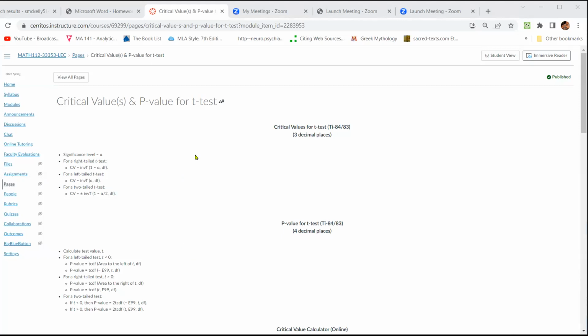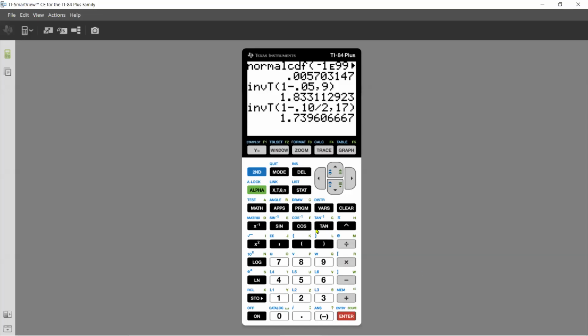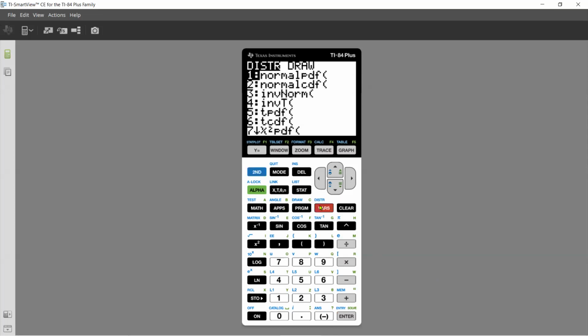So in this case, we're doing second distribution, inverse T. Alpha is it 0.01? What is my alpha for C? 0.0153. Now let me check.